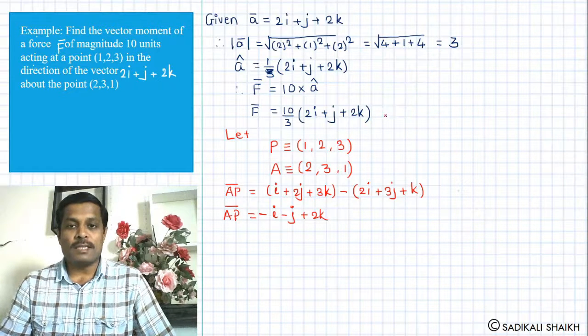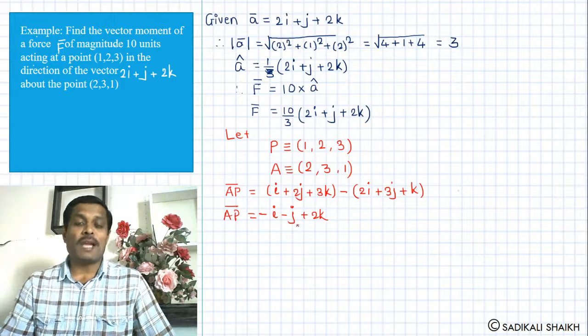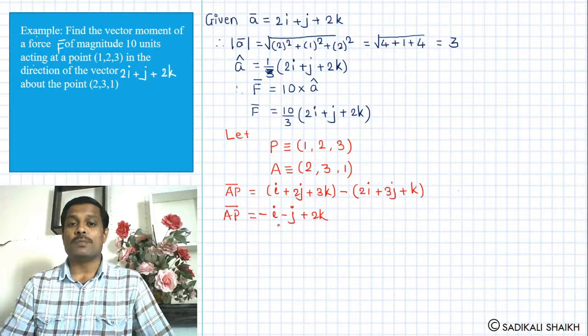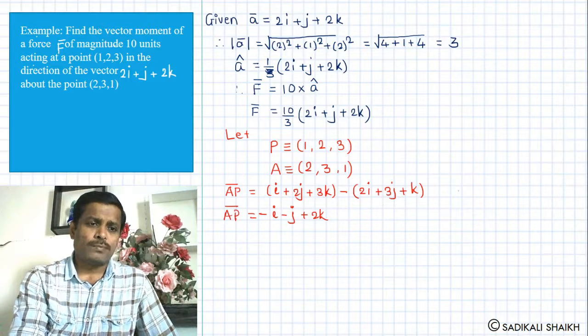Now F bar is in our hand. AP bar already we have calculated. Now the time is just to calculate the vector moment of this force about the point A. So that's why you write the statement of what you want to calculate.